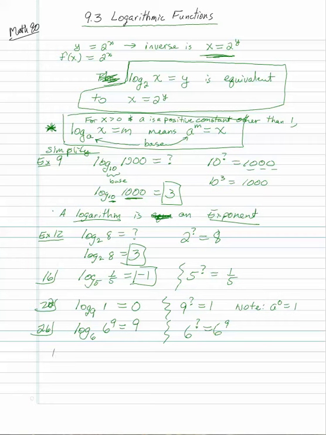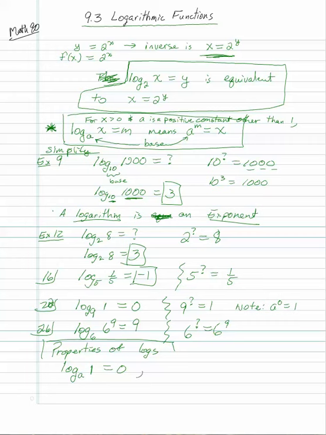Okay, so here's a couple of properties that we're going to have to memorize here. So we've got log base a of 1, so that's 0. Anything to the 0 is 1.